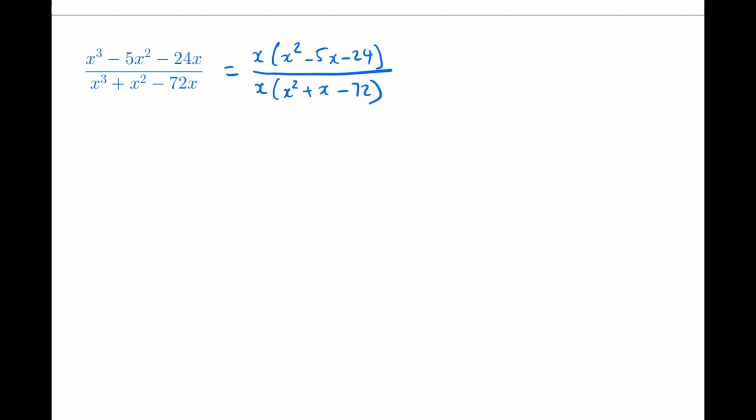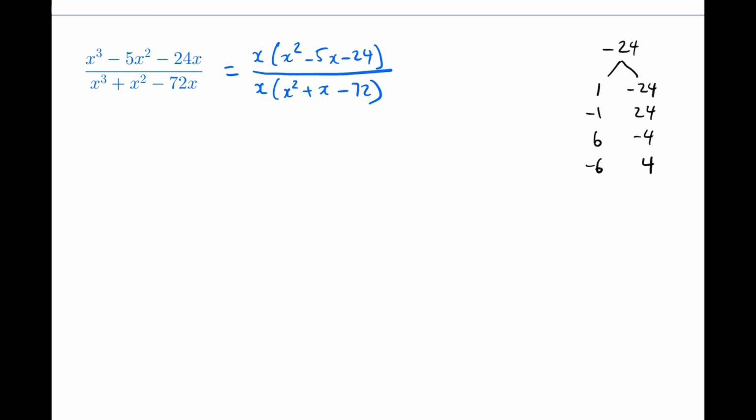So let's take a look. Off to the side, I'm going to write negative 24, and we're going to look at all of the different factors. So 1 and negative 24 are factors. Negative 1, positive 24 are factors. 6 and negative 4 is another factor, and negative 6, positive 4 is a factor.